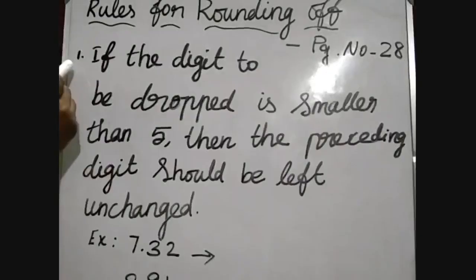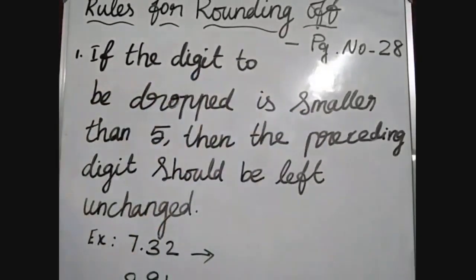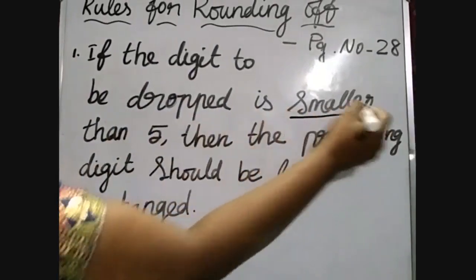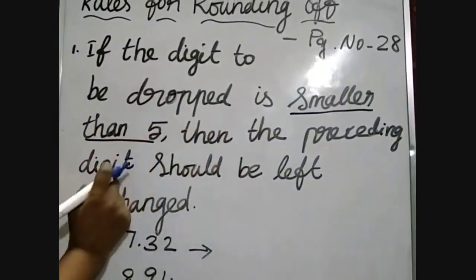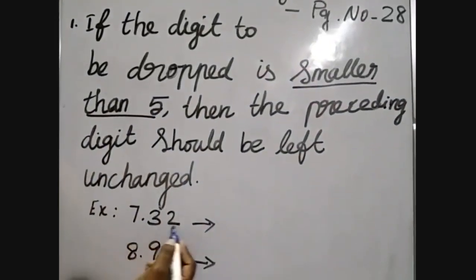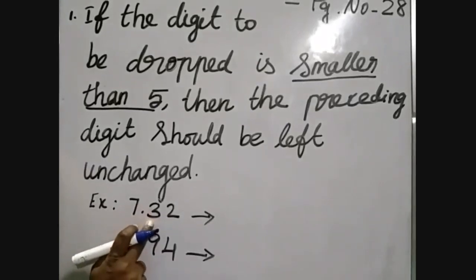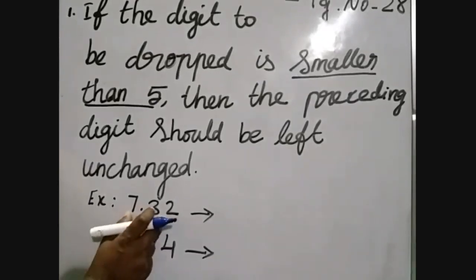First rule: if the digit to be dropped is smaller than 5, then the preceding digit should be left unchanged. Here we have a 3-digit number, 7.32, but we want to round off this number into 2 digits.